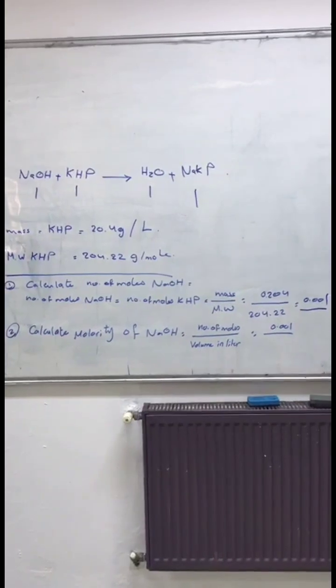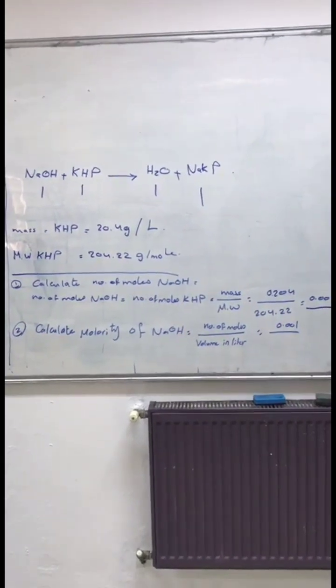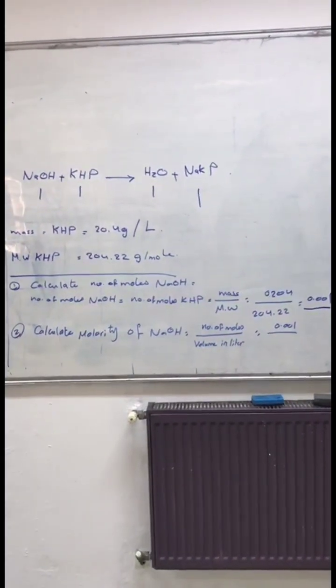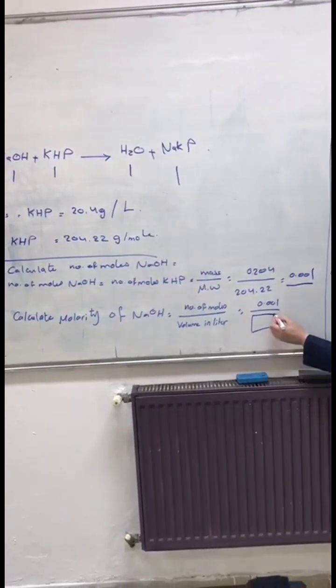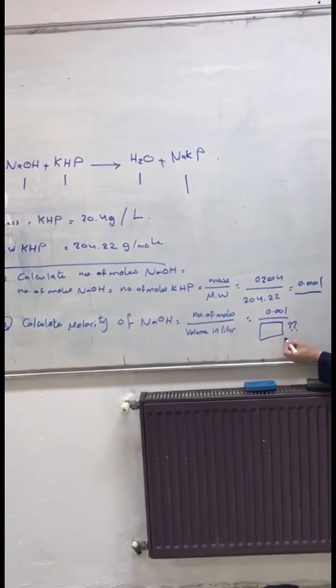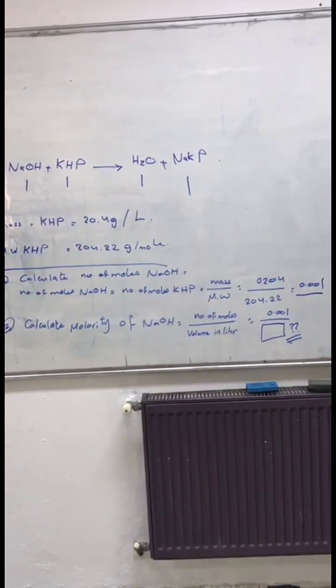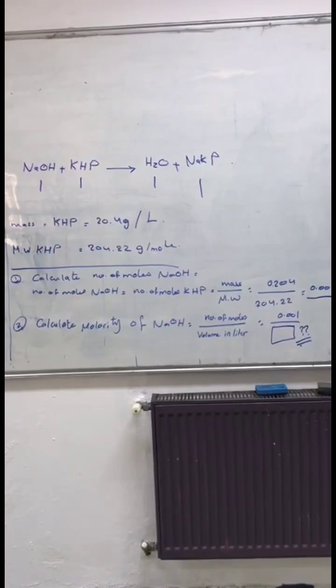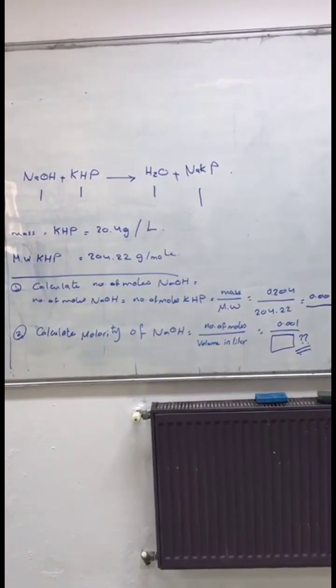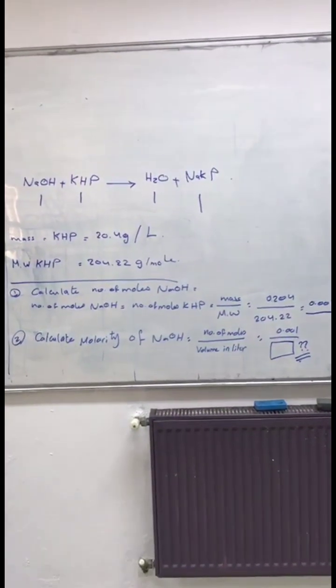To calculate the molarity of NaOH, it means number of moles over volume in liter. And the volume is unknown. We are going to calculate our volume when we make our practical part.